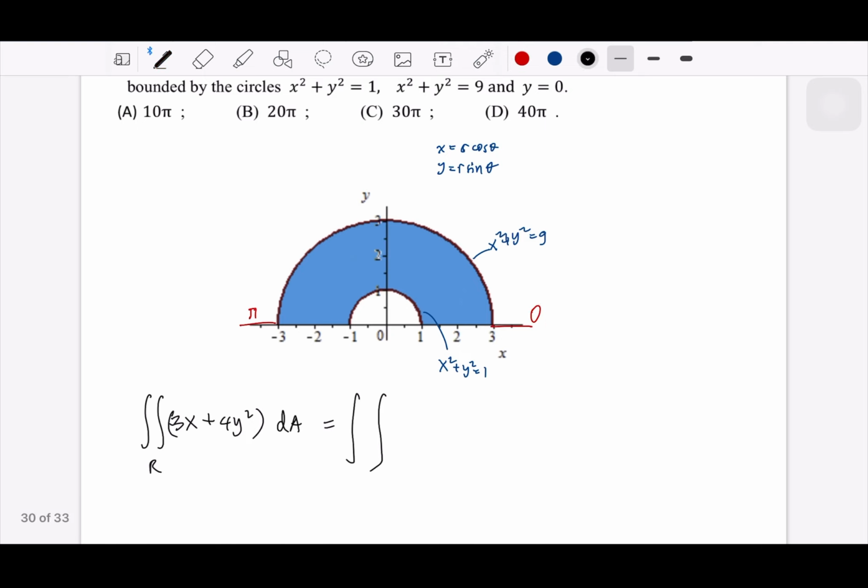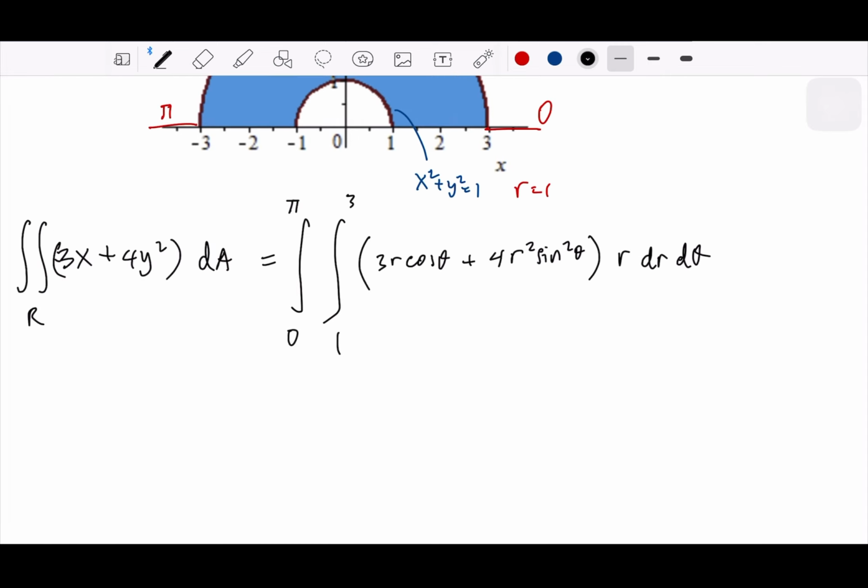So we start with 0 to pi, and then the radius is 1 to 3, and the inside will be 3r cos theta plus 4r squared sine squared theta, and then this will be r dr d theta.